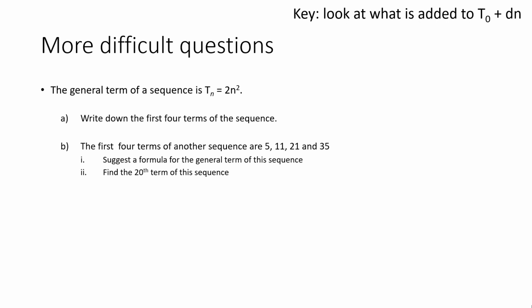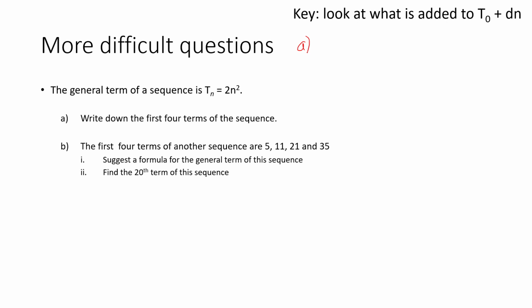The general term of a sequence is Tn equals 2n squared. Write down the first 4 terms of this sequence. So you should be very familiar with this. We just went through it, and this is something that looks easier.